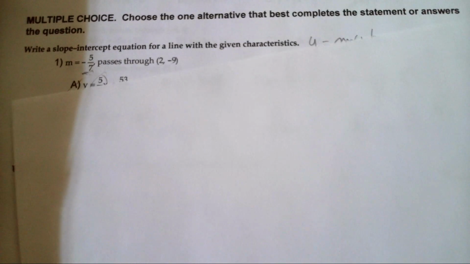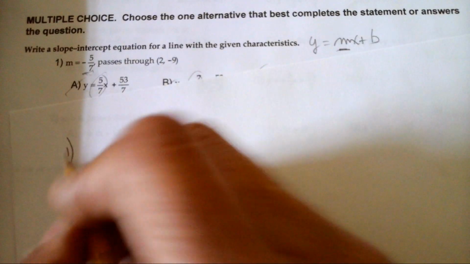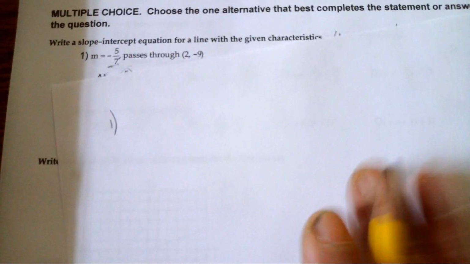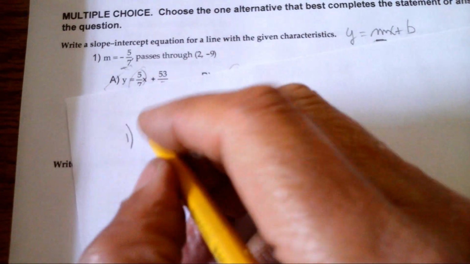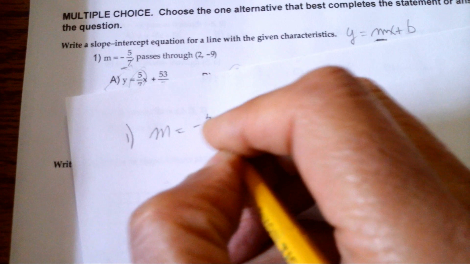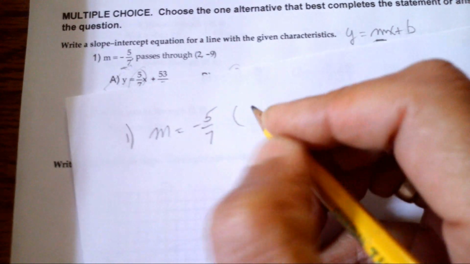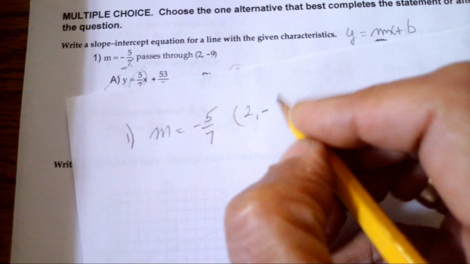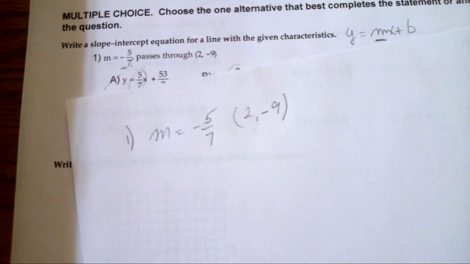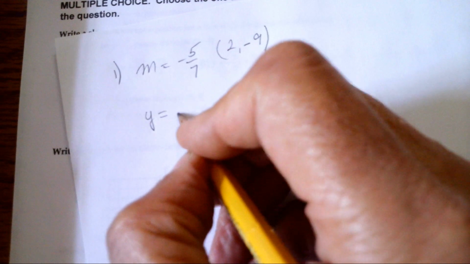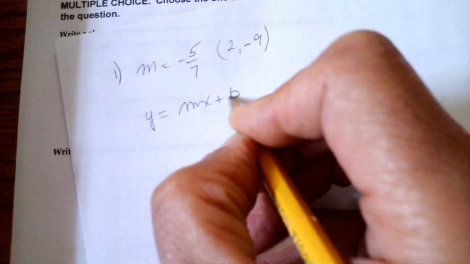So what I'm going to do here is to write this information here. Slope is given as minus 5/7, and the point that it goes to is 2, -9. Alright, so y is equal to mx plus b.